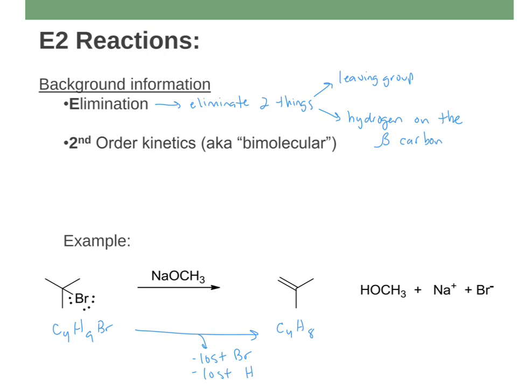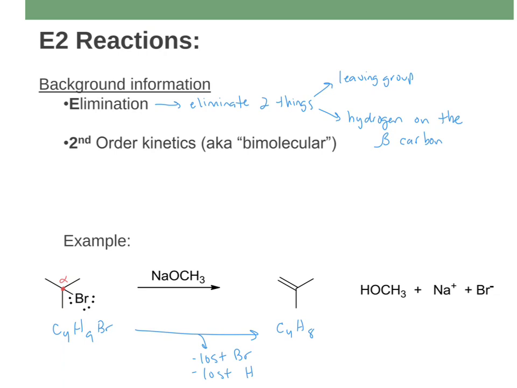So if I look at the first carbon that it's attached to right here, this bromine, that would be the alpha carbon. That's the first carbon, right? The first letter of the Greek alphabet corresponds to the first carbon. And then anything that's 2 away would be the beta. 3 away would be gamma. 4 away would be delta. And you just keep on going down the Greek alphabet. You're really not going to see too much further past beta. Maybe you might see gamma one day, but alpha and beta are used all the time in OChem.